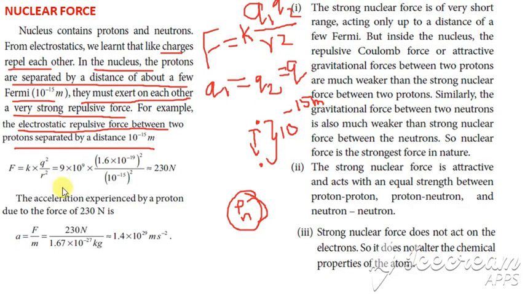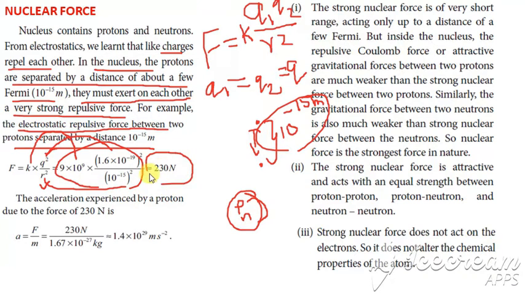Okay, so q into q becomes q square divided by r square. Substitute the value of k here, which is 9 into 10 power 9. Then q value is the charge of the electron, which is 1.6 into 10 power minus 19. Then distance is 10 power minus 15. Okay, so when you just solve this, we'll get the value as 230 Newton.